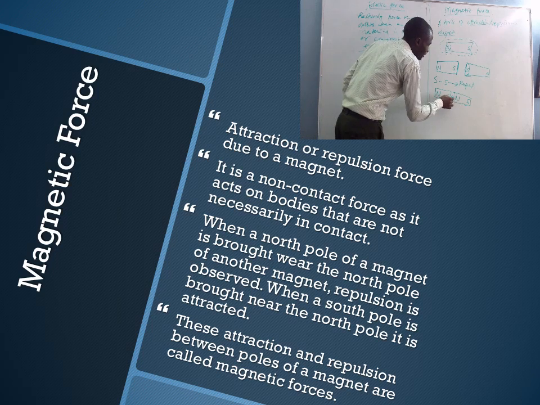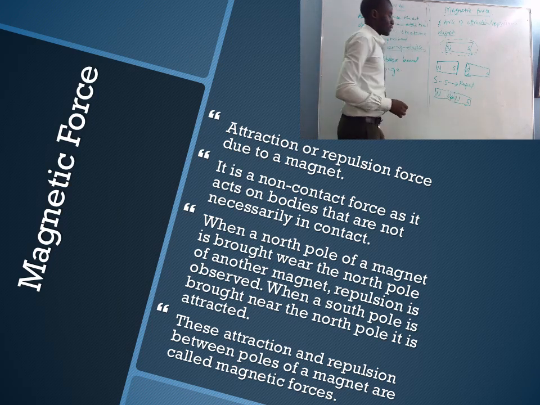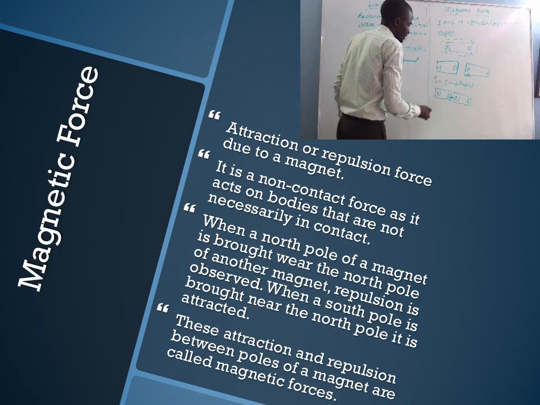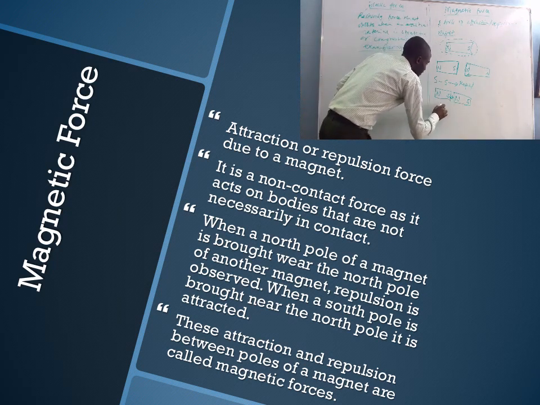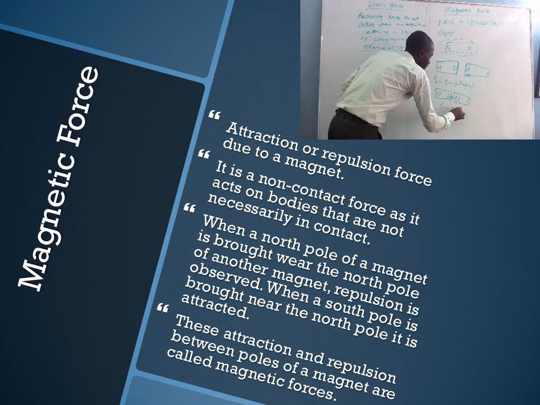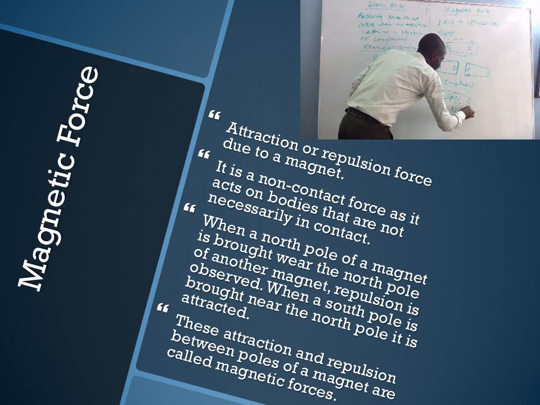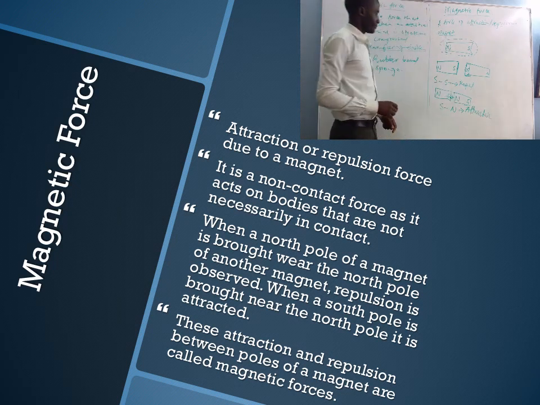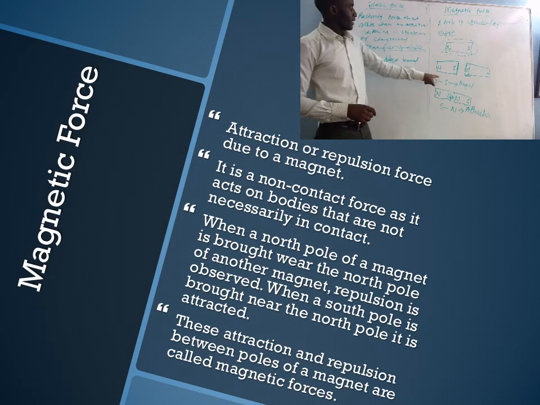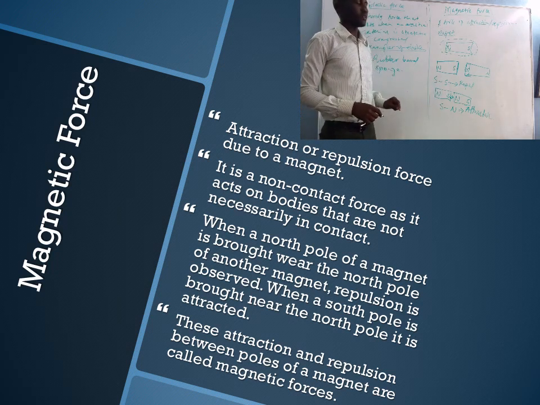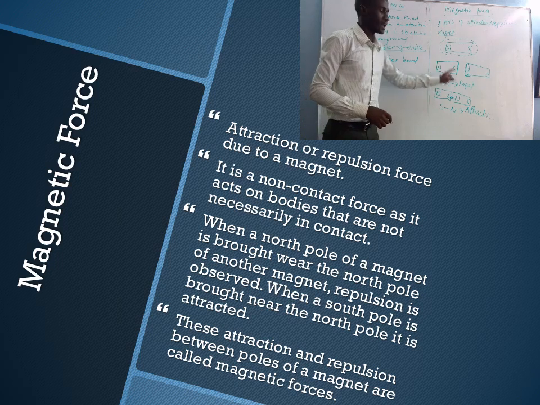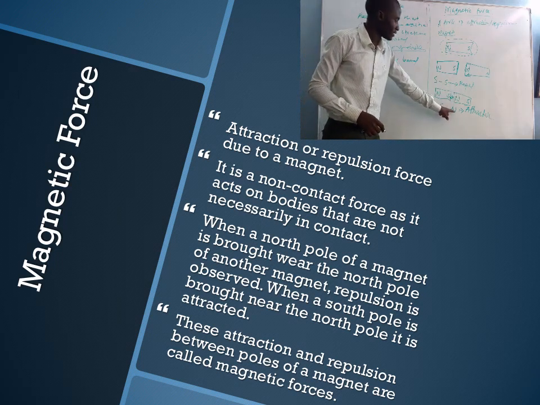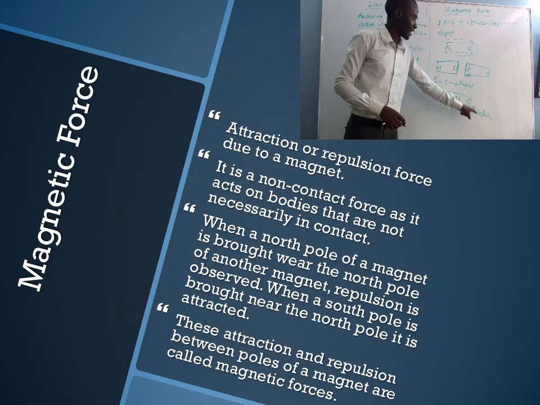The first one will be attracted towards the second one as well as the second one towards the first. So in this second diagram, attraction occurs. Why? Because the south pole and the north pole are unlike. In other words, a south pole and a south pole, or a north pole and a north pole, experience repulsion, while a south pole and a north pole experience attraction.